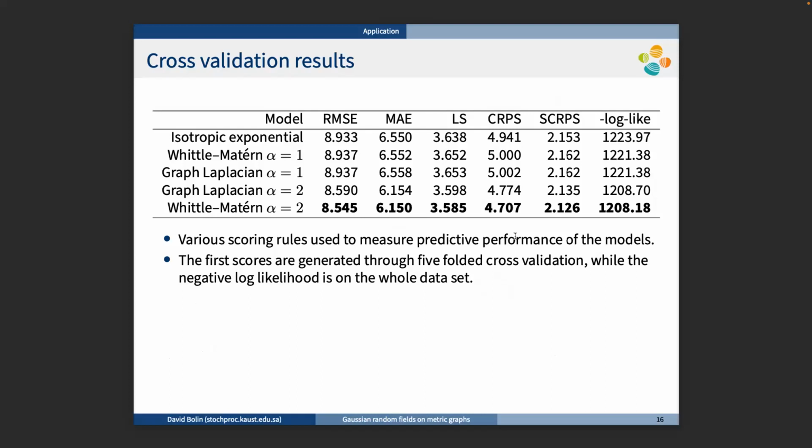What you can see in this table is that this Whittle-Matérn field with alpha equal to 2 behaves the best in all metrics, and it is actually a lot better than the non-differentiable models, in particular this isotropic exponential model. So differentiability here is really crucial for the accuracy of the predictions, as we also expected from the theory.